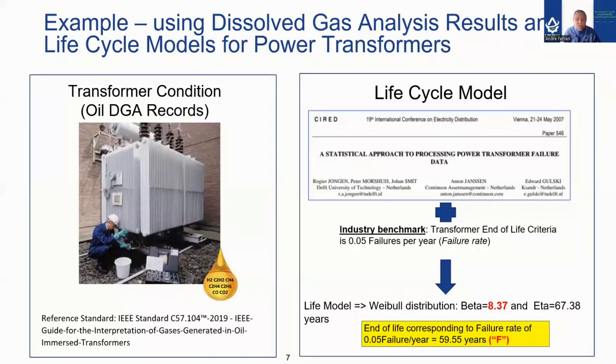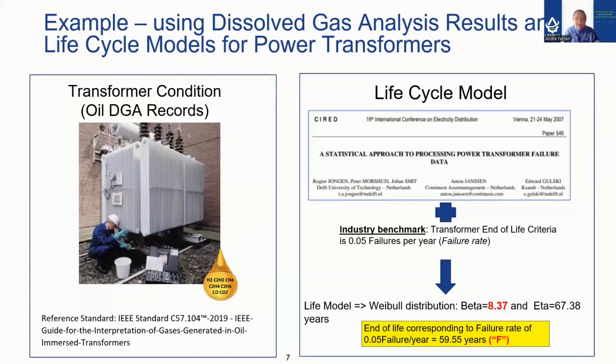So the Weibull distribution provides a scale parameter, or beta, of 8.37, as shown here in red, and a shape parameter of 67.38 years. And if I inject the end-of-life criteria of 0.05 failures per year into this life model, or the Weibull distribution, I get an end-of-life value of 59.55 years, close to 60 years if you want.